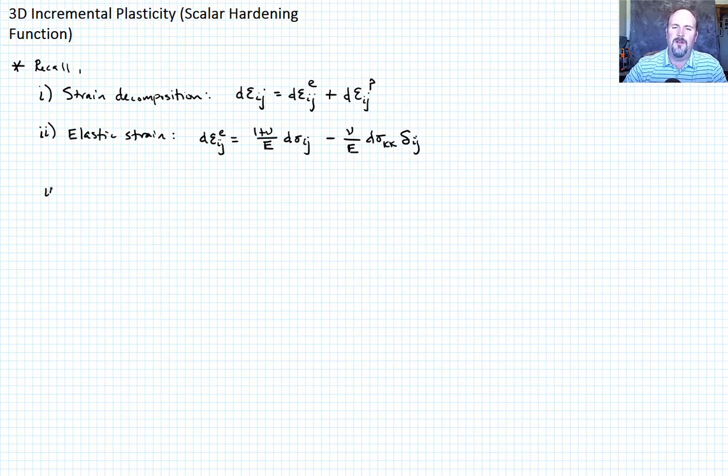And then our third, and this is what we spent most of our time in the last lecture developing, was our plastic strain increment. I'll just remind you, this was specific to a von Mises yield function with isotropic hardening.